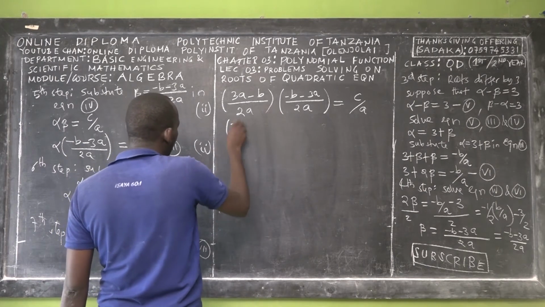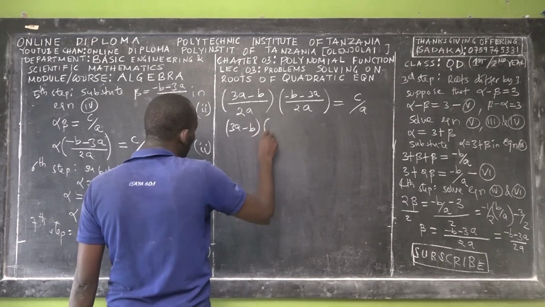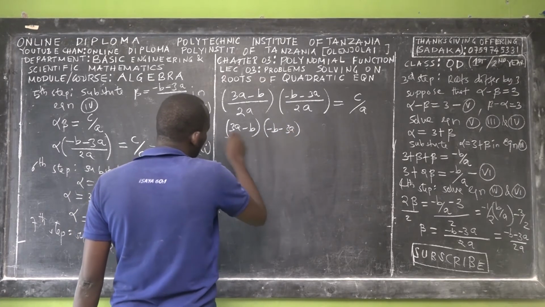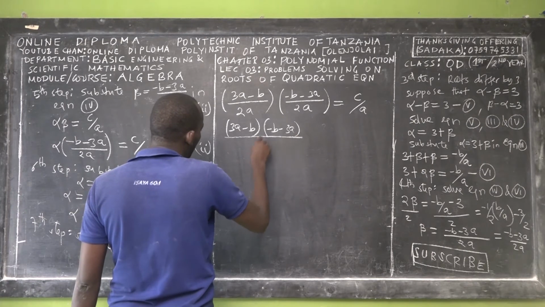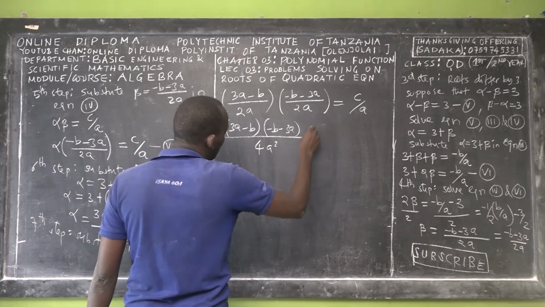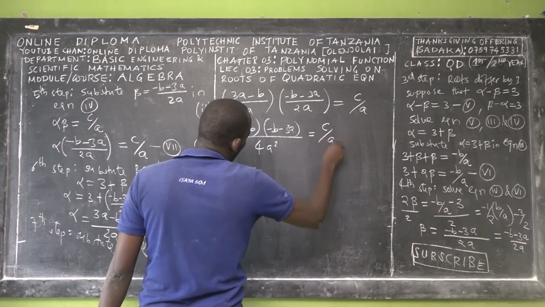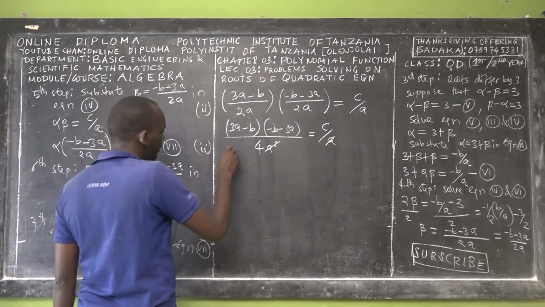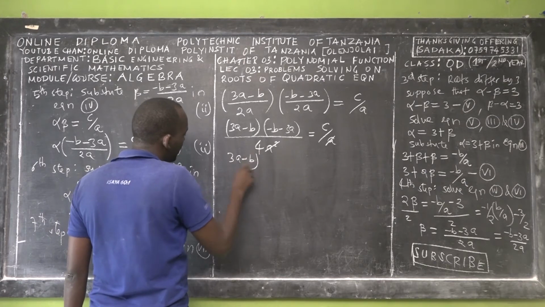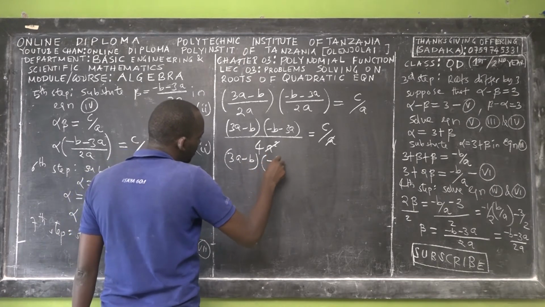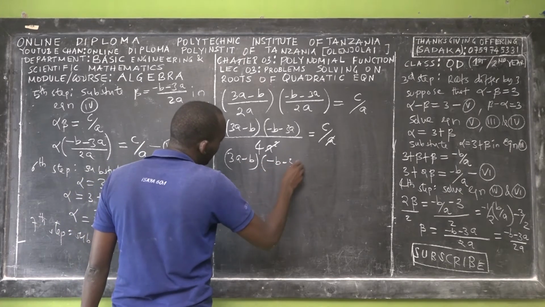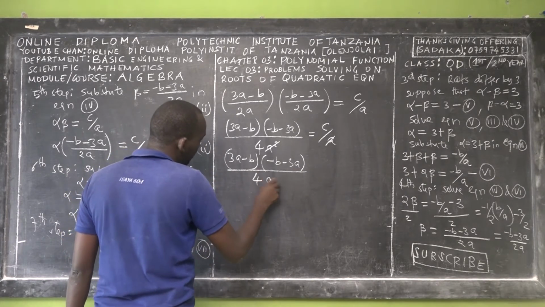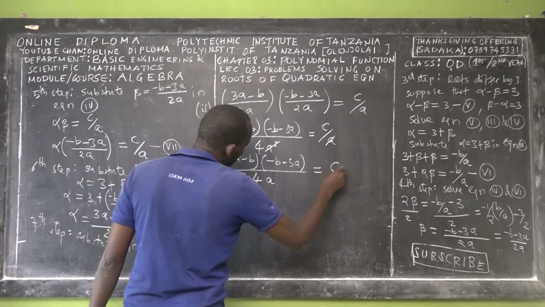Multiply, we have 3a minus b minus 3a. Then here we have 4a squared is equal to c over a. So we cancel 1a and 1a: 3a minus b, negative b minus 3a over 4a is equal to c.